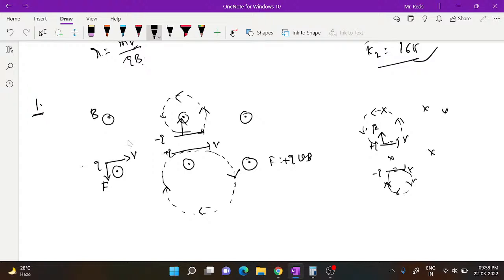Biot-Savart, you have completed force on moving charge. Have you done this also in the class? Better you do it this way, because we are doing this concept. If you did this first, then it will be more systematic.